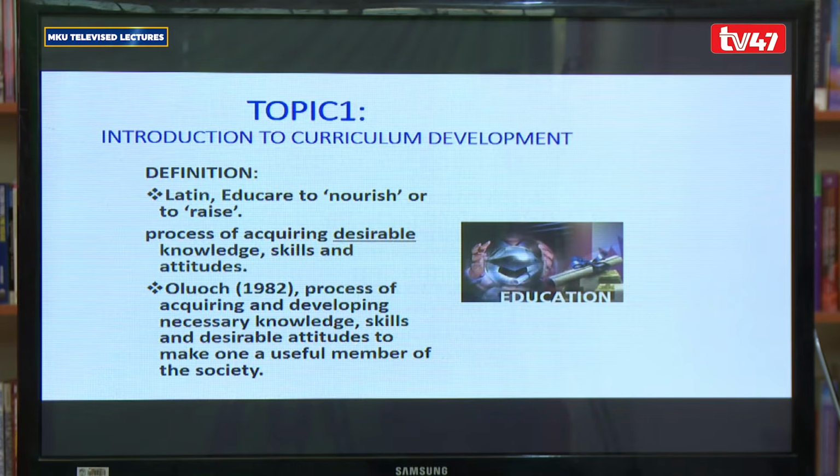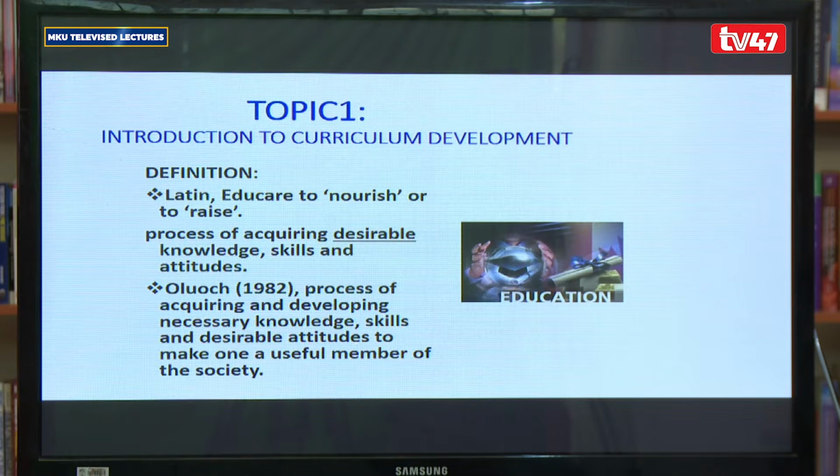So our topic 1 is Introduction to Curriculum Development. And we begin with a definition of terms. Now, the first term that I would like to define is the term education. Education comes from the Latin word educare, which means to nourish or to raise.